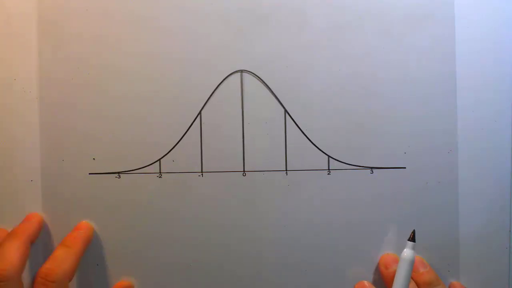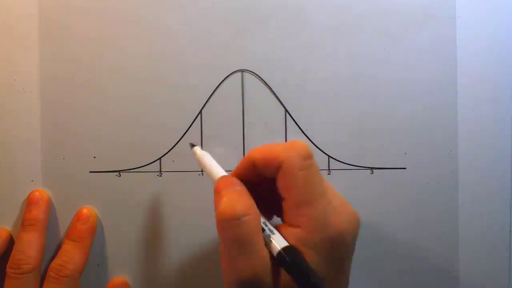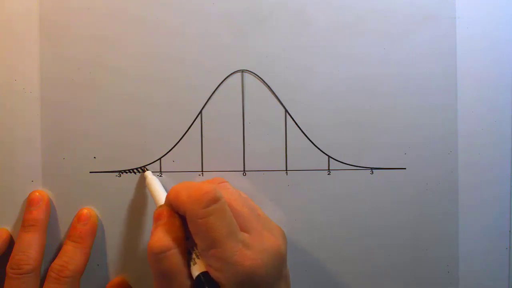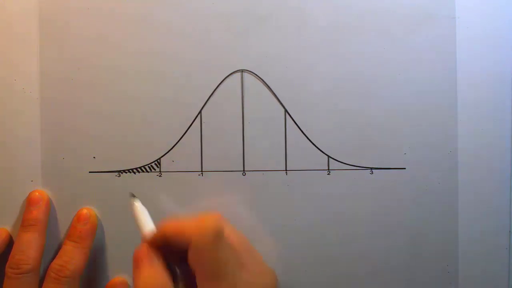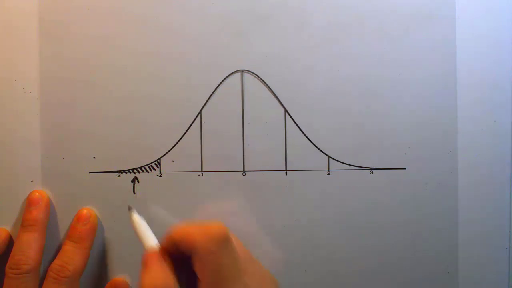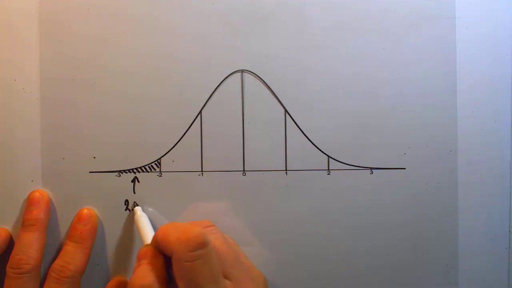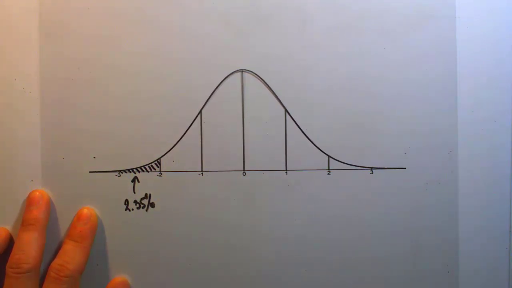All right, and so what we found further, as a reminder, is that this little area from 3 standard deviations below mean to 2 standard deviations below mean, we already found to be 2.35% in that little interval.